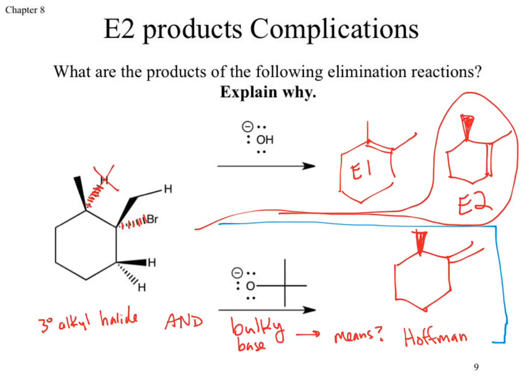A way to ask this in a different fashion could be: we run this elimination. Is the product optically active? If we went under the E1 conditions, is it optically active? For it to be optically active, what do we need? A chiral atom.